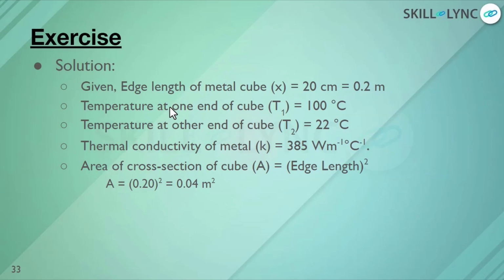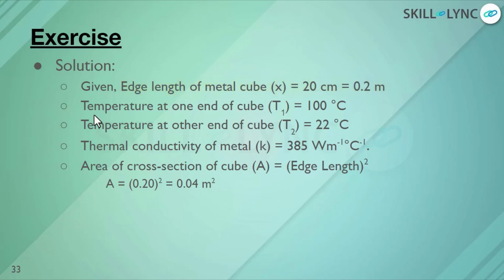Listing out all the given things from the question, the first is the edge length of the metal cube, 20 cm, which I have denoted by x. Since we use SI units, 20 cm needs to be converted into meters, where we know that 1 meter is equal to 100 centimeters. Thereby 20 centimeters is equal to 0.2 meter.